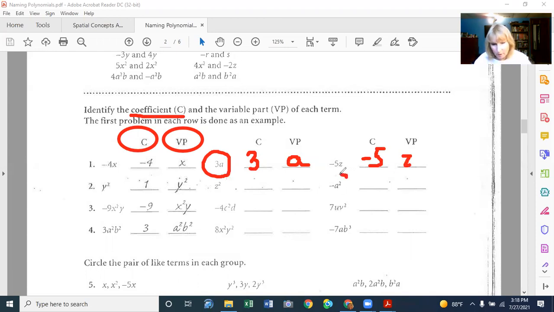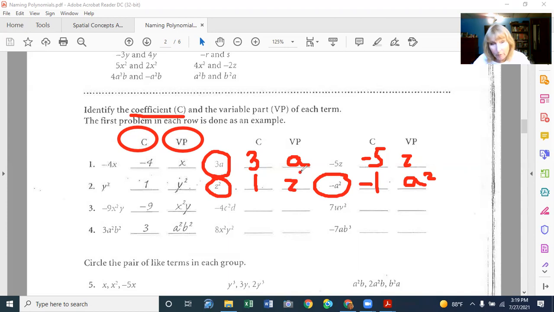What about this one here? What's the coefficient? Okay, there's assumed to be a -1 or a 1 in front of any variable part. So that's assumed to have a -1 as your coefficient and a squared as your variable part. If you look at the one right to the left of it, z squared, the coefficient is an imaginary 1 in front of the variable, and z squared is the variable part.